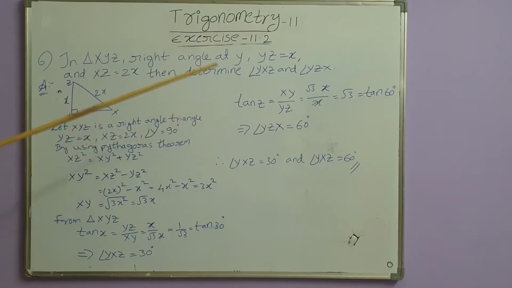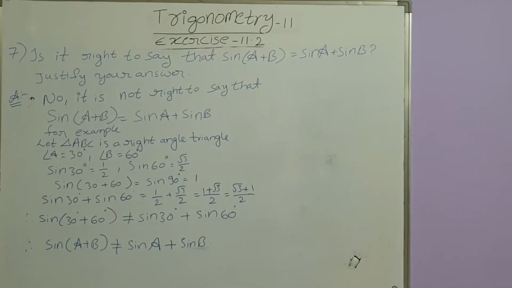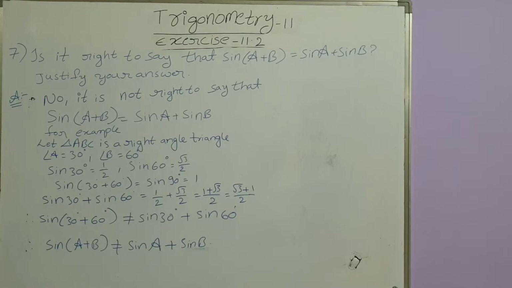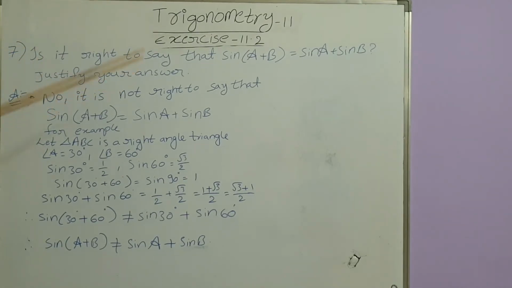We have root 3, and root 3 is tan 60 degrees. So angle YZX is 60 degrees. The angle at Z is 60 degrees. Now we know that angle YXZ is 30 degrees and angle YZX is 60 degrees.